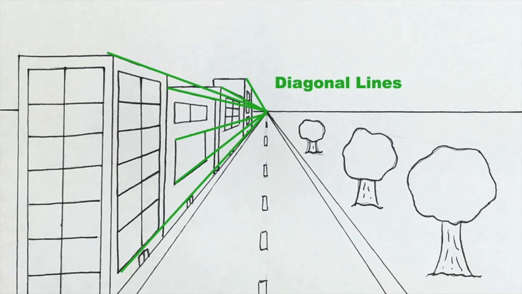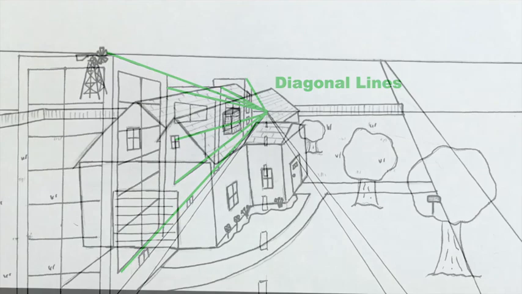So if you look at this drawing and you look at the windows and the doors and the tops of our buildings, anything going away from us is going to use a diagonal line that points at the vanishing point. Once you figure that trick out, you can make these as complicated as you want and they'll look great, I promise.